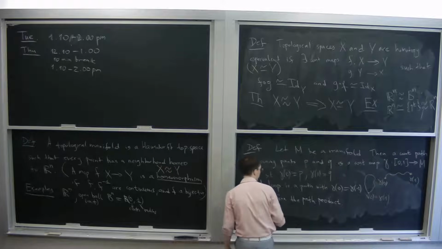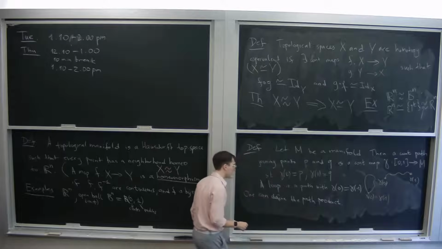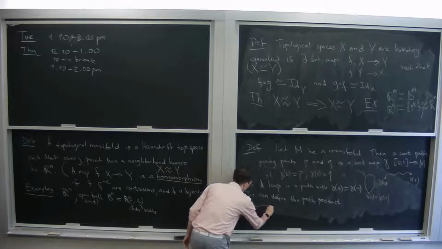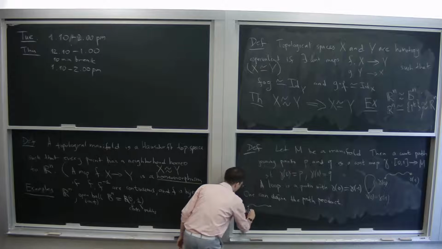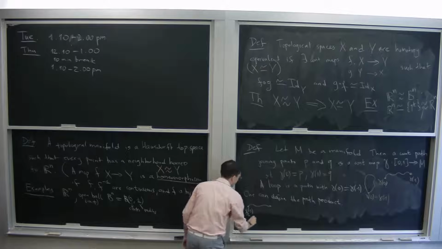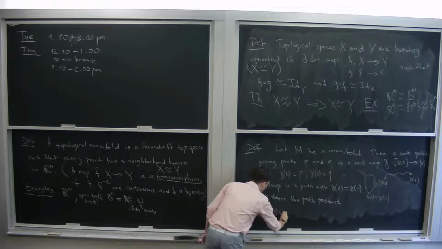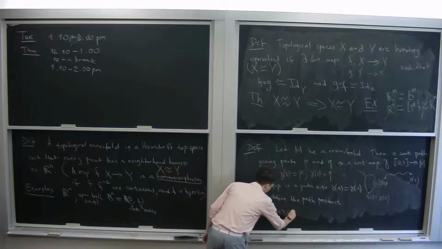Suppose I have two paths, gamma 1 and gamma 2, where gamma 1 of 1 is equal to gamma 2 of 0.